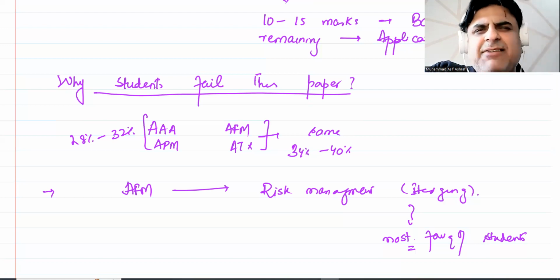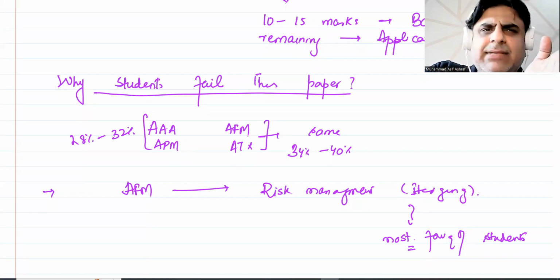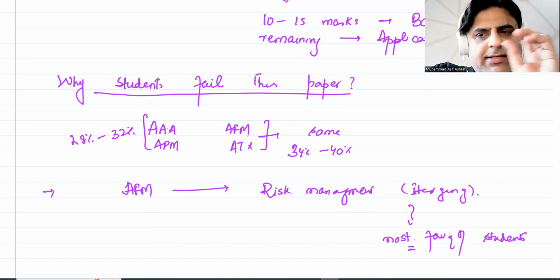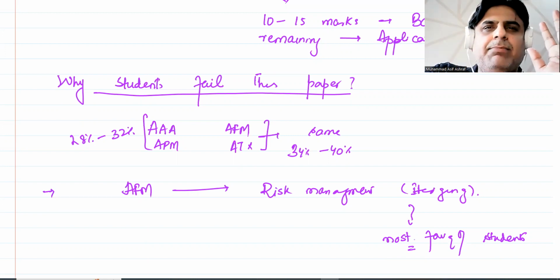So first of all, give just 2 to 3 minutes and find out which question you want to start with. But I think in 80% of cases, you should start your paper from question number 1. Keep it in sequence, okay? Because it will give you a better idea of the paper. So the second point is, hedging is not a difficult topic. It is a myth. You can do it.